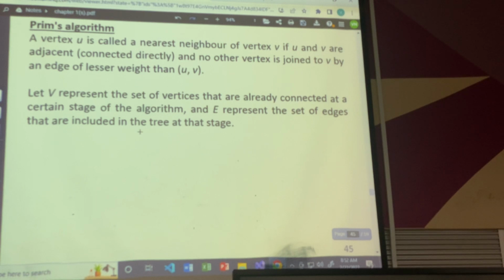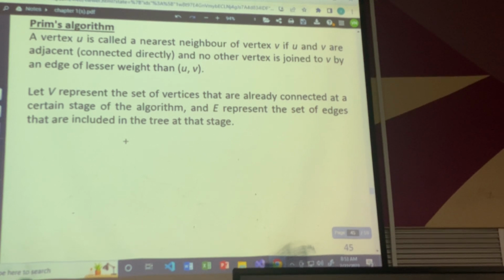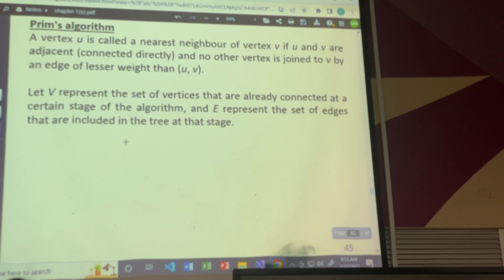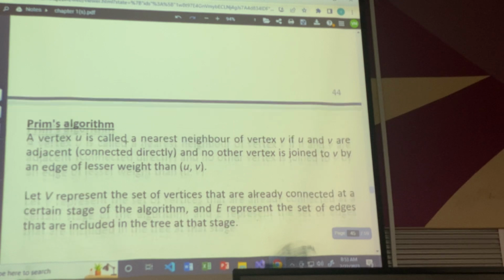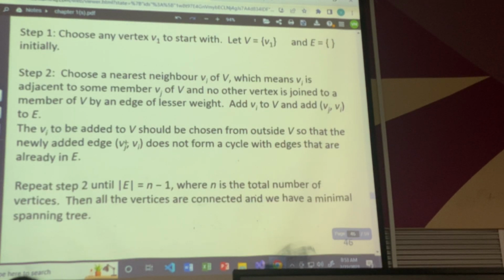For Prim's algorithm, we can do it either with weight or without weight. But for Kruskal's algorithm, we only do it with a weighted graph. Okay, so here we look at Prim's first. These are all the steps for Prim's algorithm.